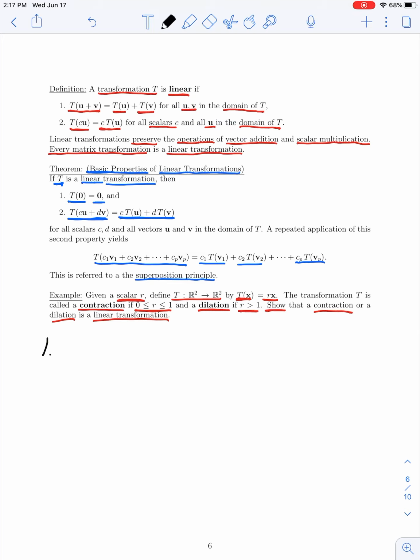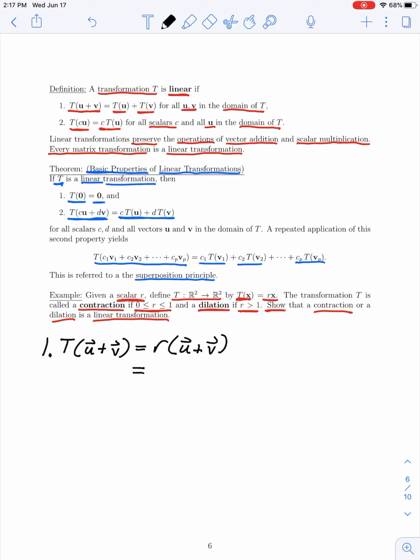The first thing that we need to check is whether the transformation of a sum of 2 vectors, let's say u plus v, is equal to the sum of the transformations. Now, based off the definition of this transformation, T of x was defined as r times x. So here, for T of u plus v, we're taking r times the sum of u and v.